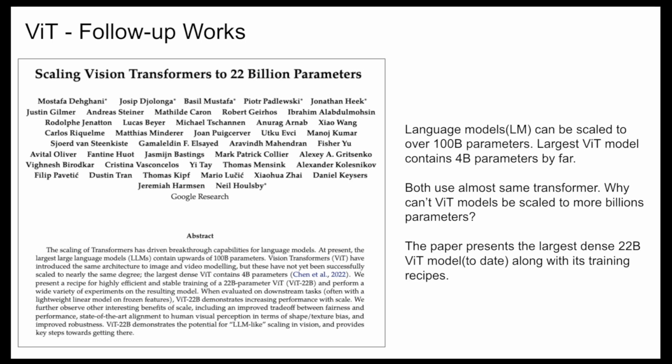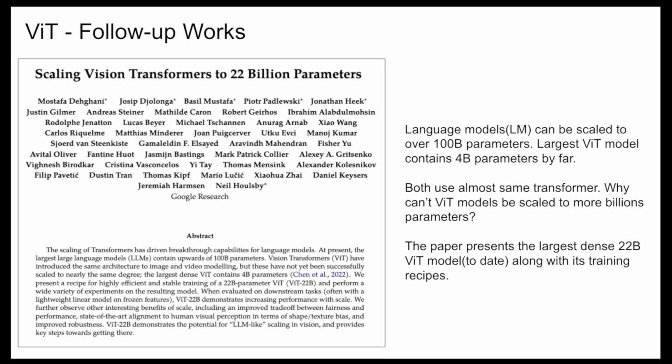At present, the largest large language models, LLMs, contain upward of 100 billion parameters. Vision transformers, or ViT, have introduced the same architecture to image and video modeling, but these have not yet been successfully scaled to nearly the same degree. The largest dense ViT contains 4 billion parameters.